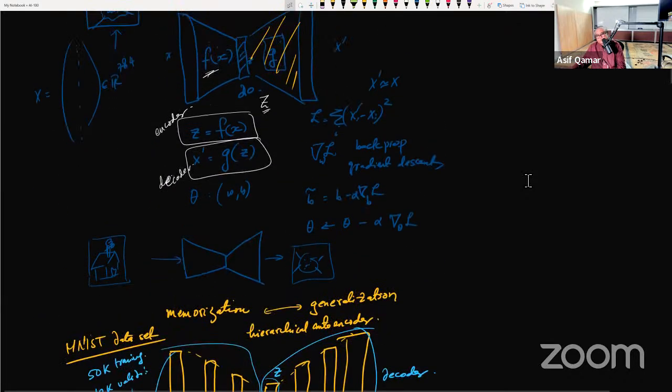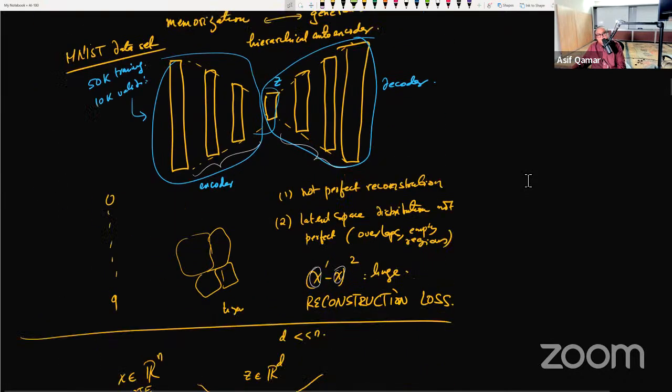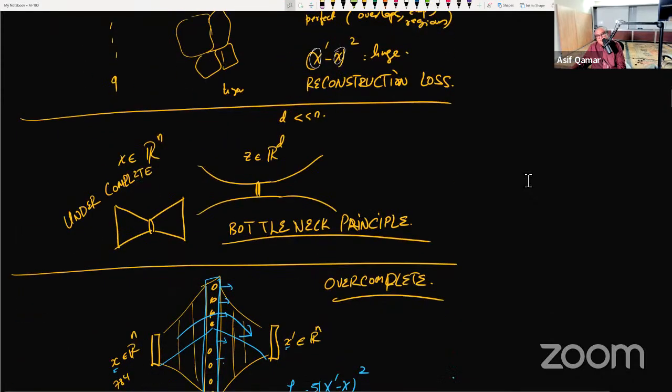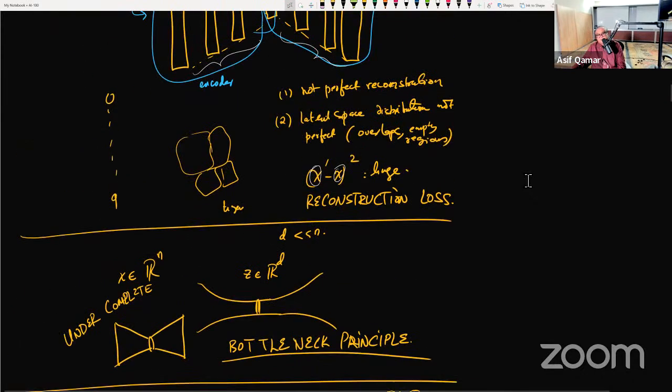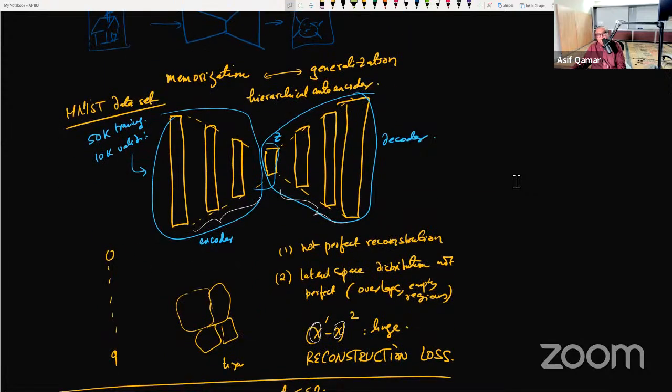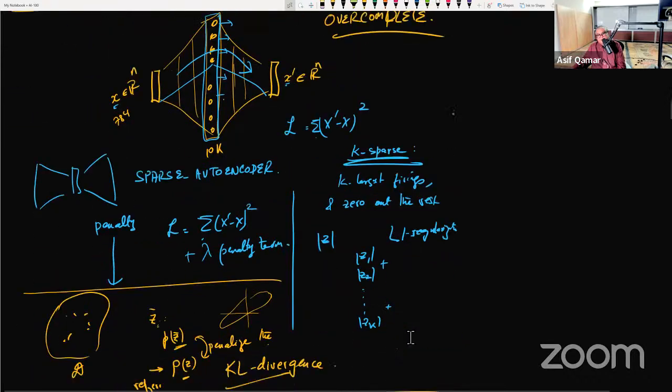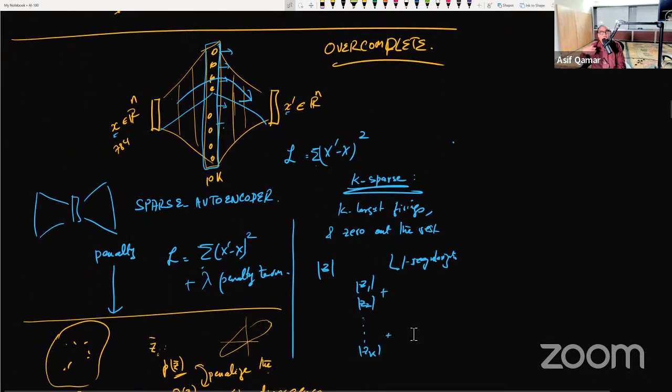Now, while that is true, we also realize that we can use the autoencoder for all sorts of things. You can have a reconstruction loss to train an autoencoder, we do know. And we talked about the bottleneck principle, how it forces a neural network to learn good representations.